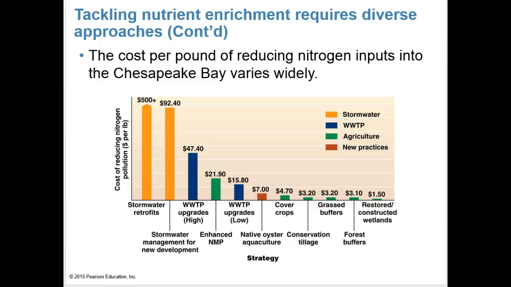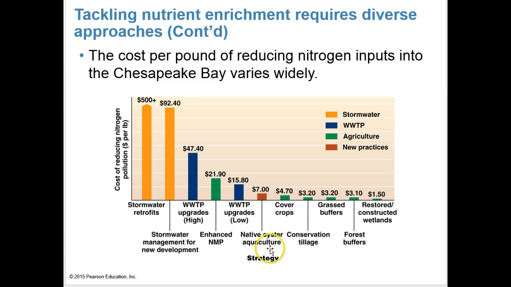Here's a cost chart: the cost per pound of reducing nitrogen inputs into the Chesapeake Bay. It looks like restoring and constructing wetlands, making buffers, and tilling our fields differently are some of the things that would cost the least.